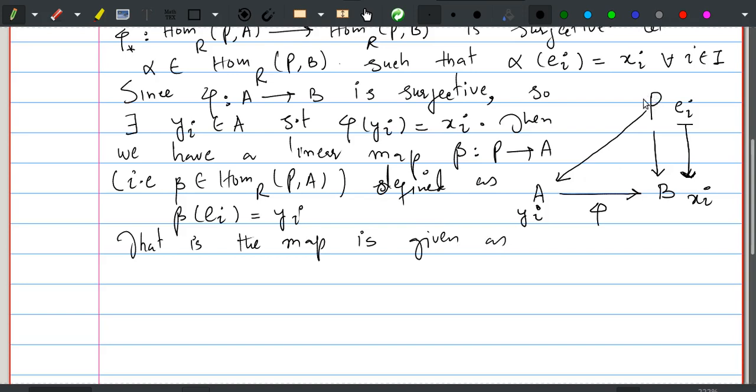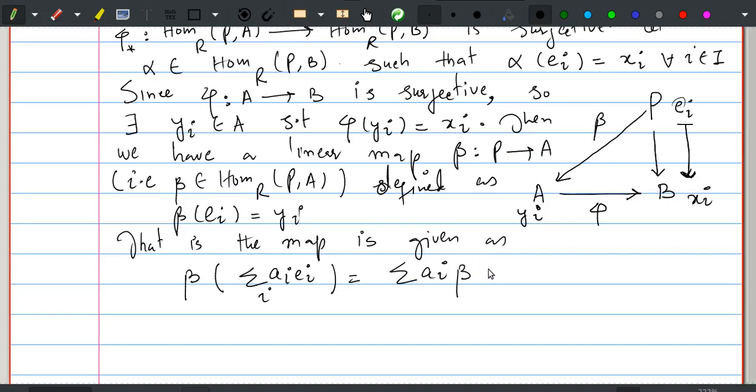Since any element of P is a linear combination of these e_i, we can operate beta on it: beta of sigma a_i e_i is sigma a_i beta of e_i.